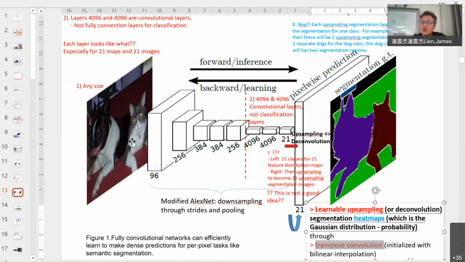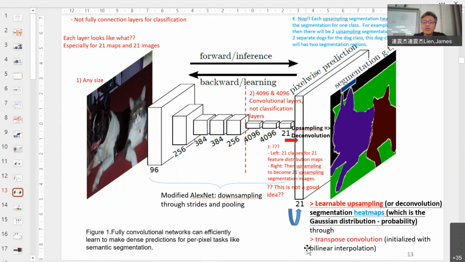People try to solve this. When we do the convolution or transpose, people still think about how we can recover and catch more information back to the original raw data. And the easy way is bilinear interpolation upsampling. That's a regular way, nothing special.